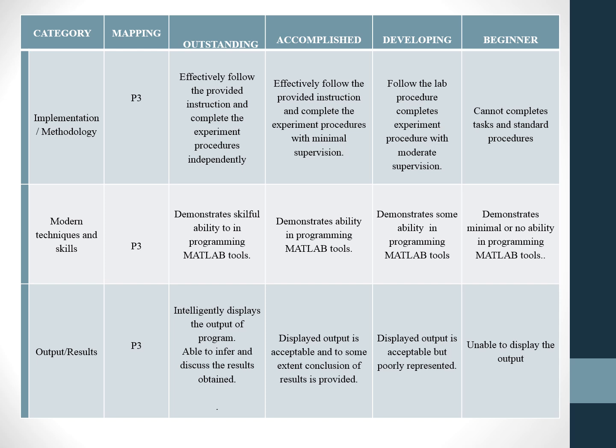Similarly, if you are able to intelligently display the output of the program and you have provided proper conclusion and discussion of the results which you have obtained by completing the task, then in the output or result category you will be categorized as outstanding, and on the basis of outstanding performance you will get your marks.